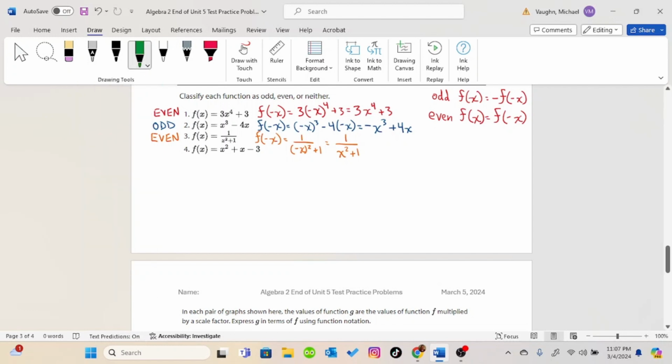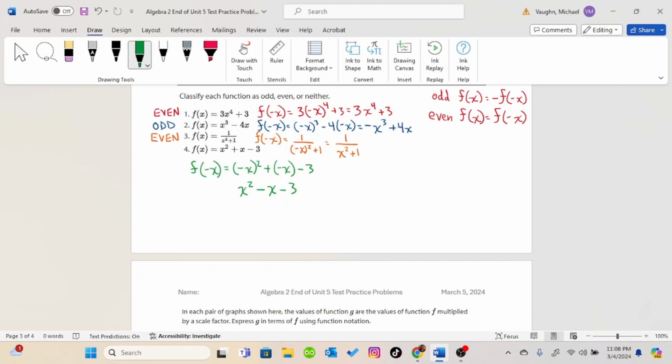And finally, number 4, f of negative x would equal negative x squared plus negative x minus 3. A negative x squared becomes a positive x squared, plus a minus x becomes minus x, and the negative 3 stays the same.